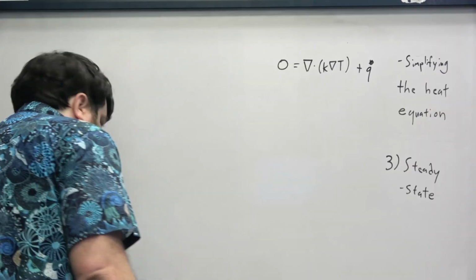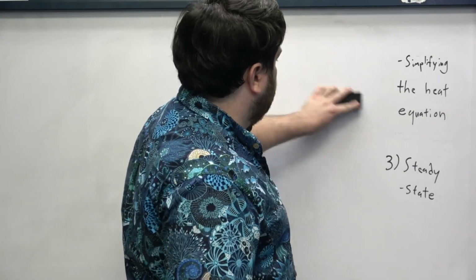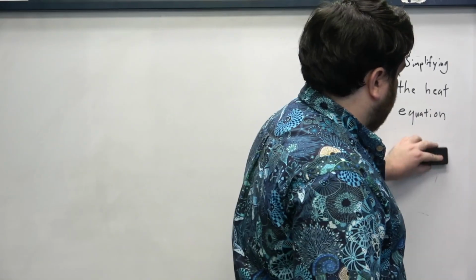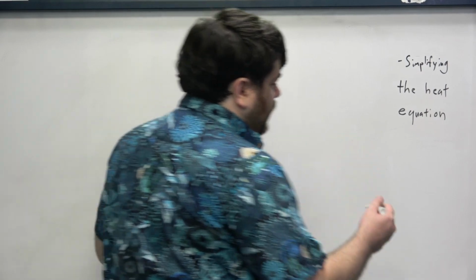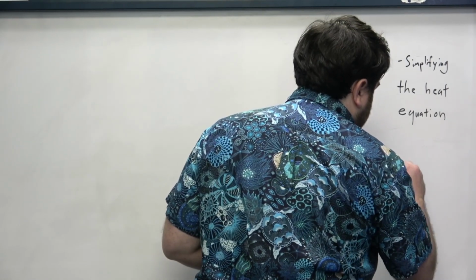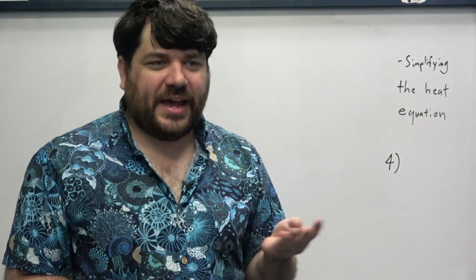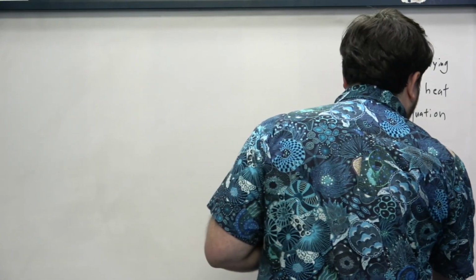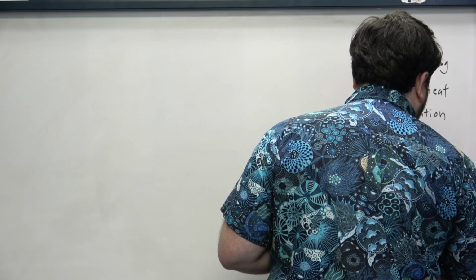So what is the other assumption, which is the final assumption that we are going to be covering? The final assumption that we should consider is that heat transfer is going to happen in one dimension. Okay? So one-dimensional heat transfer.